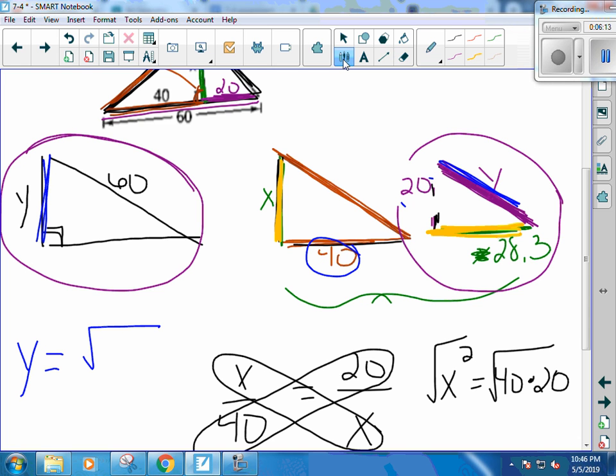Okay. So I guess I didn't have to fill in the 28.3, but so hypotenuse, hypotenuse, so I'm going to use the 60, leg, leg, so I'm going to use the 20.